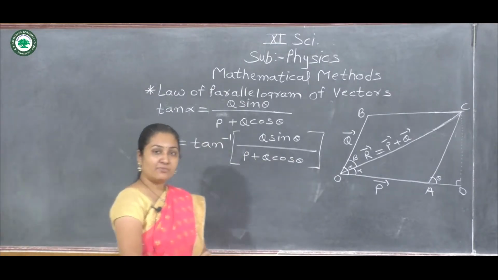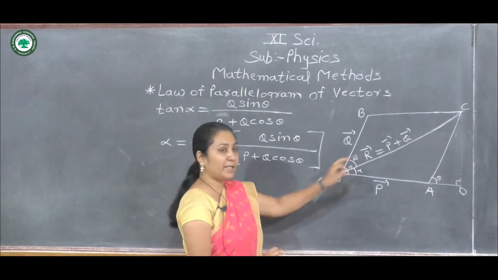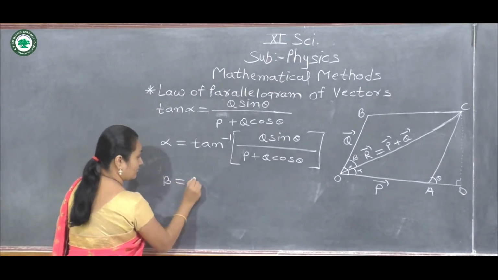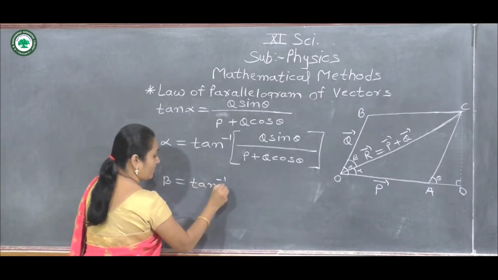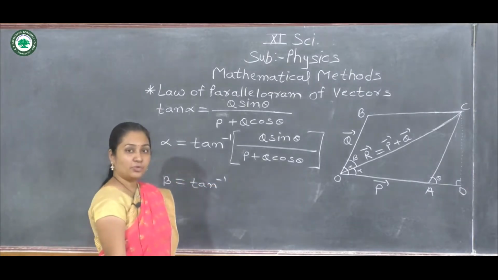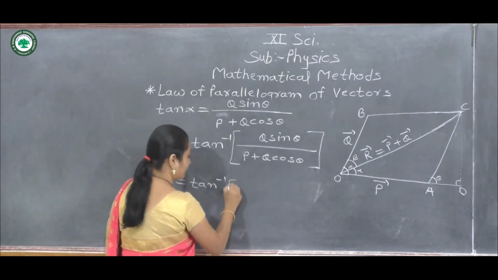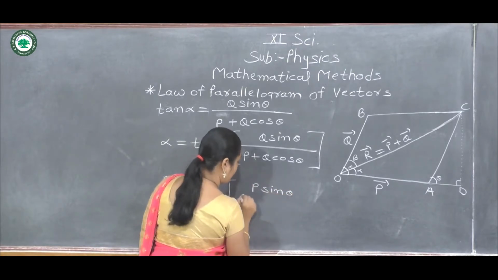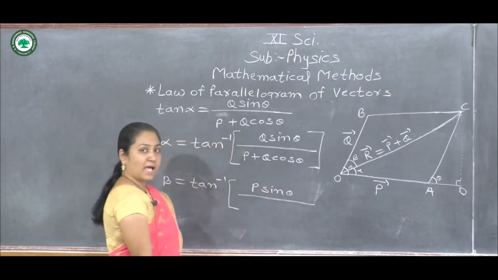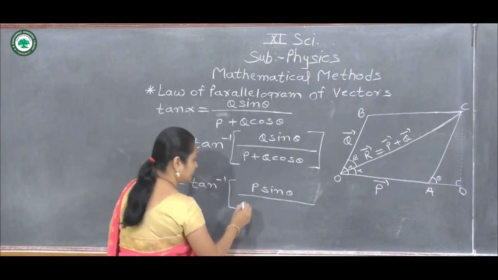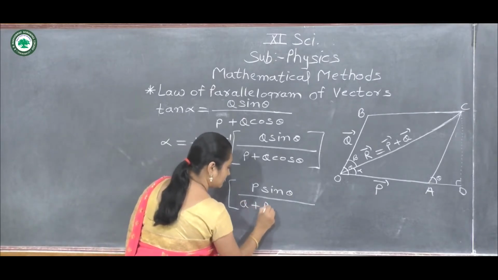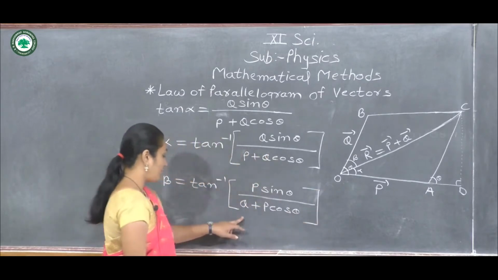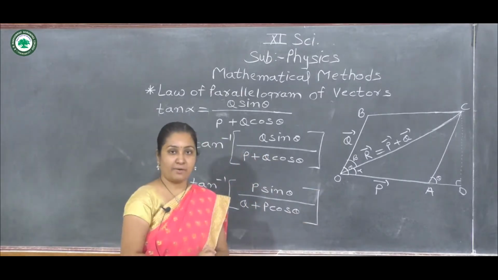Similarly, we can find the value of beta as beta is equal to tan inverse of P sin theta divided by Q plus P cos theta.